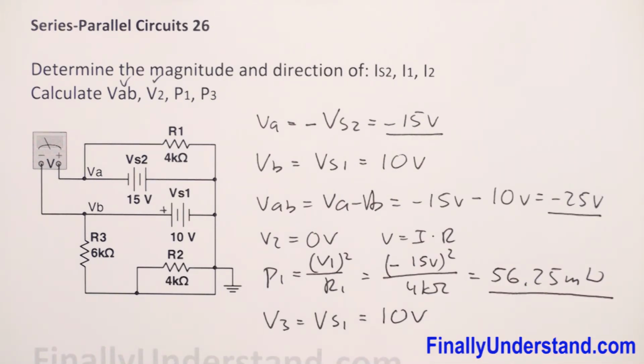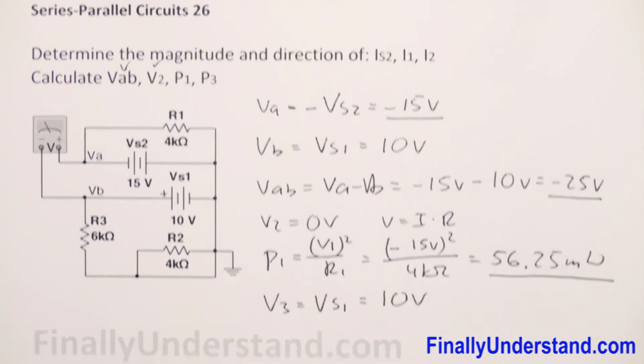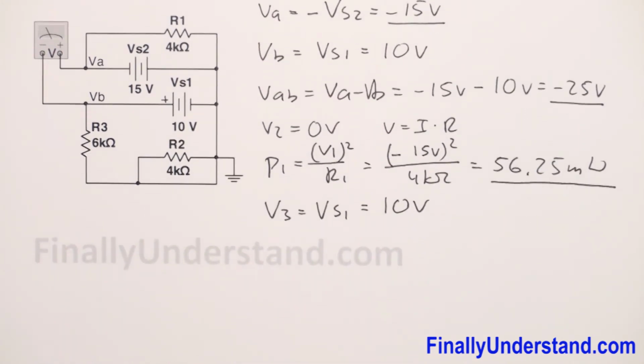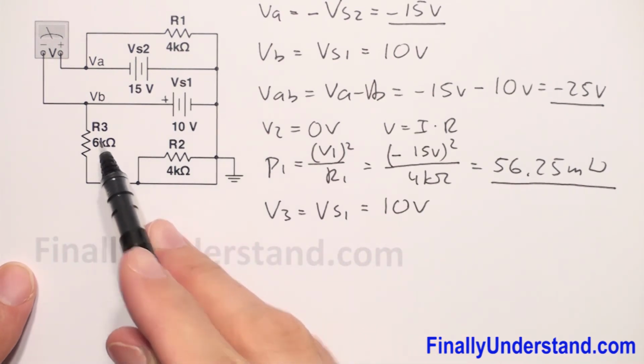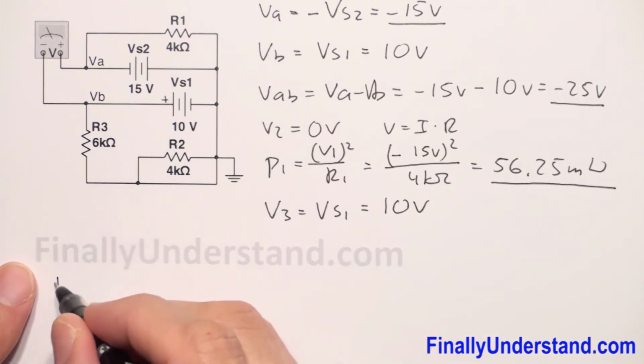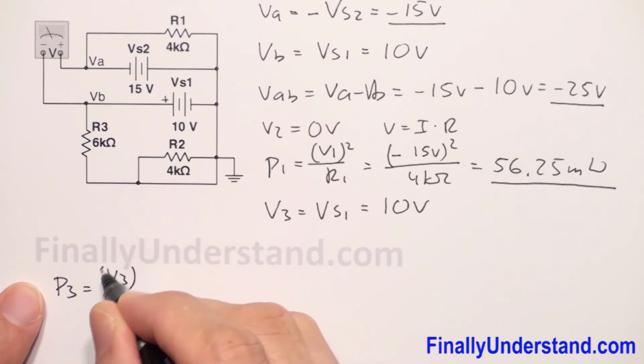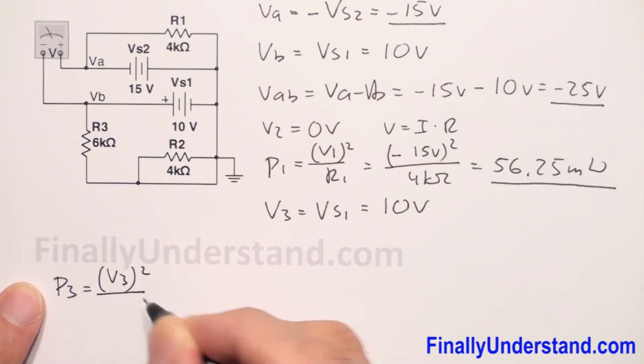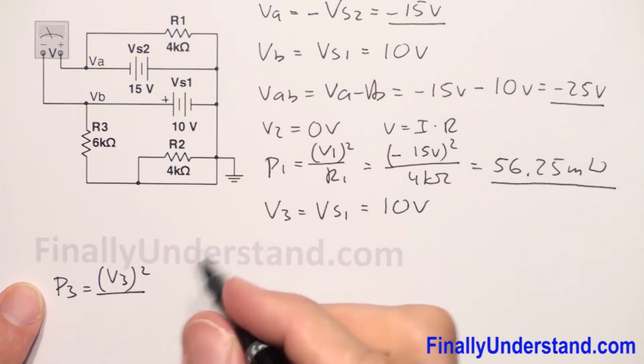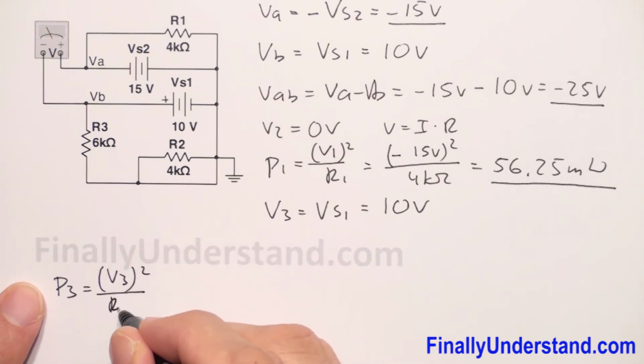If we want to find the power at this resistor, we simply use the formula P3 is equal to V3 to the second power over R3.